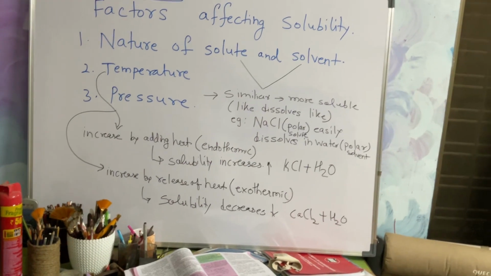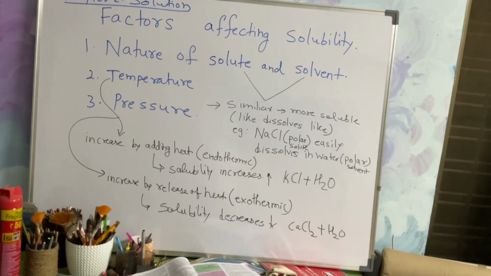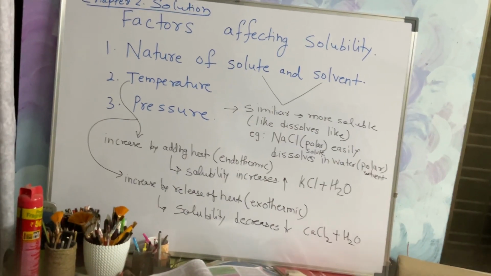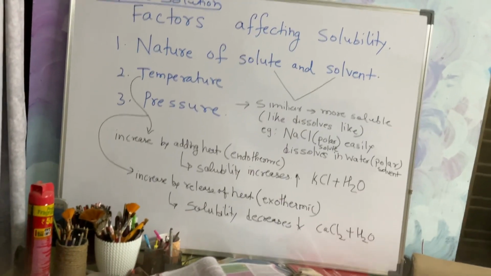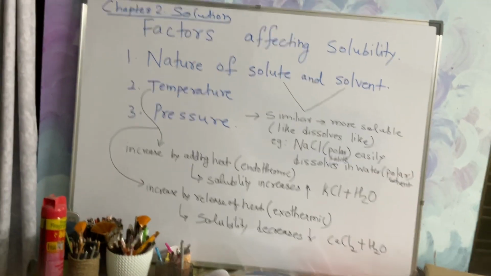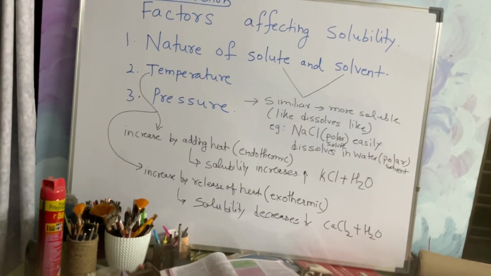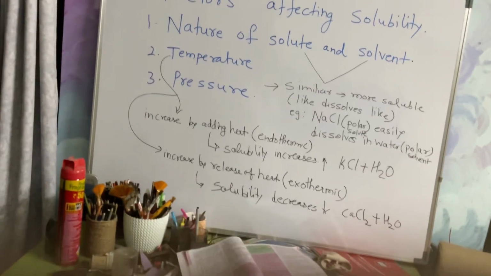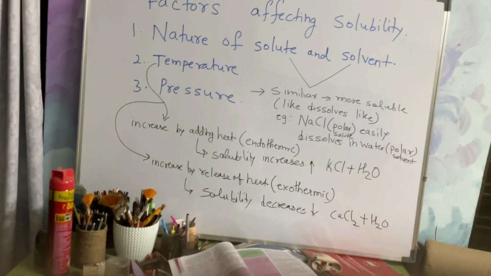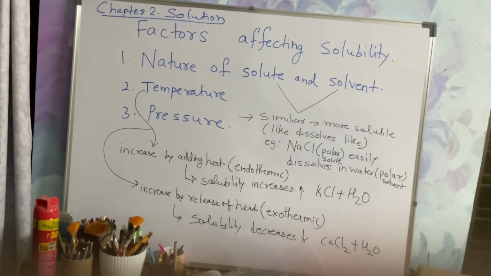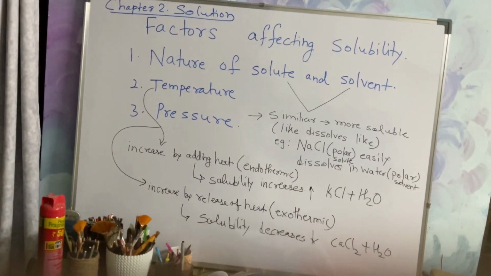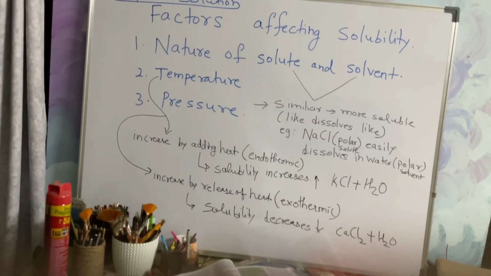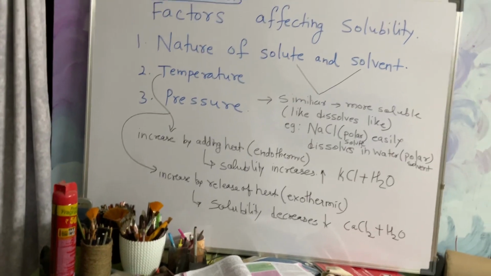That is the reason why sometimes if you are releasing hot water in a river stream, the fish would die. Why would the fish die? The reason is when you are releasing water into the stream, the temperature of the river water or sea water would slightly increase, and this would result in a decrease in solubility of oxygen, and oxygen would escape into the atmosphere, and then there would be less oxygen in the water.